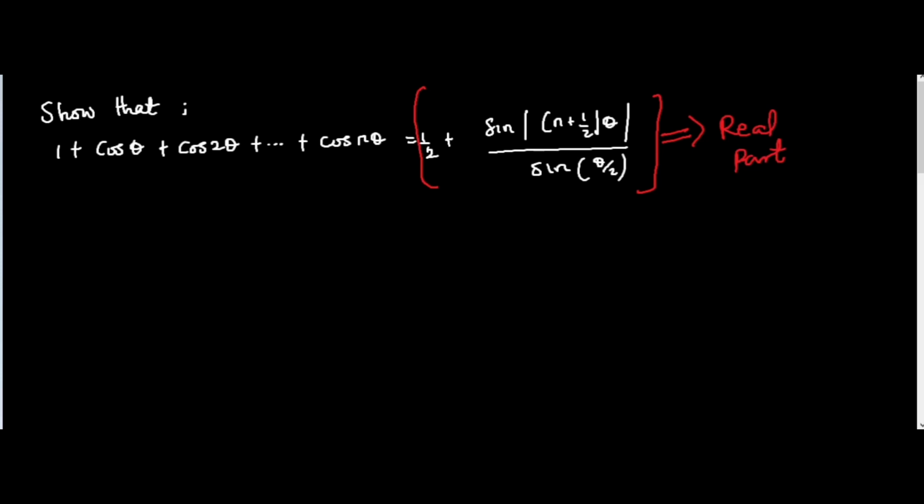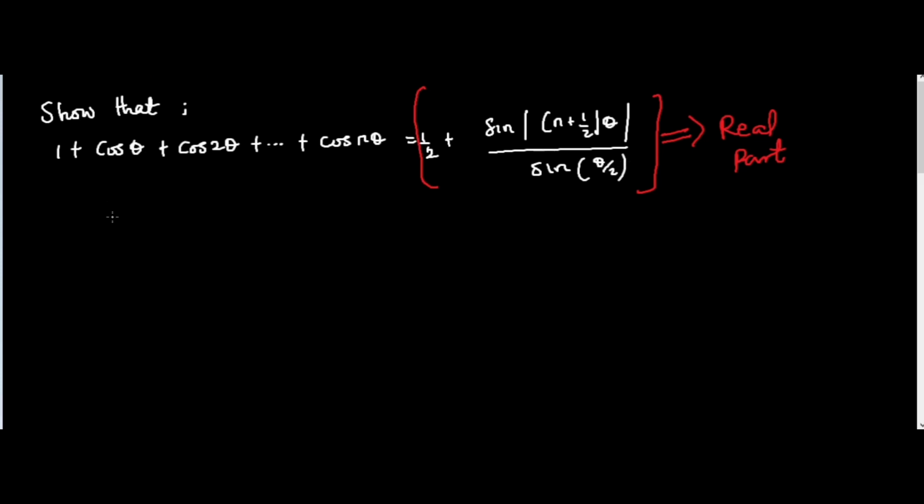Remember that a complex number z is of the form x plus iy. You remember that this part is the real part and this part is the imaginary part. Since there is no i in all of this answer, we want to focus on the real part. Okay, so having known all these facts, let's get into solving the question.